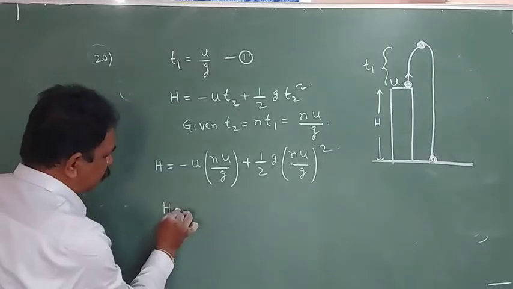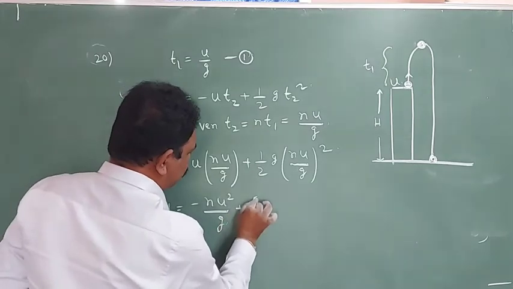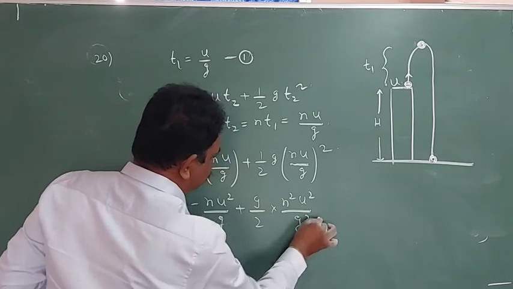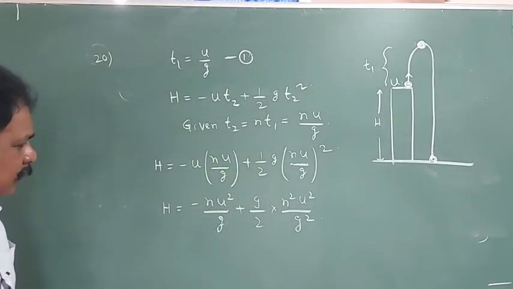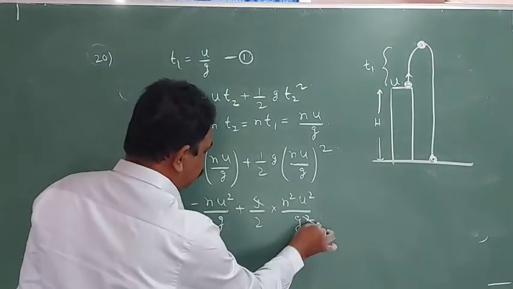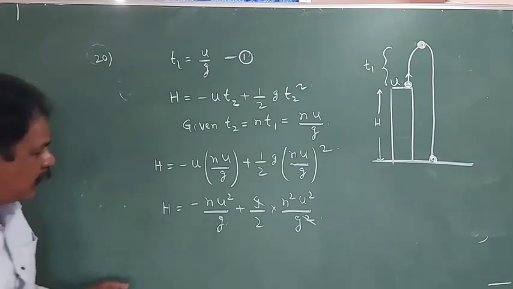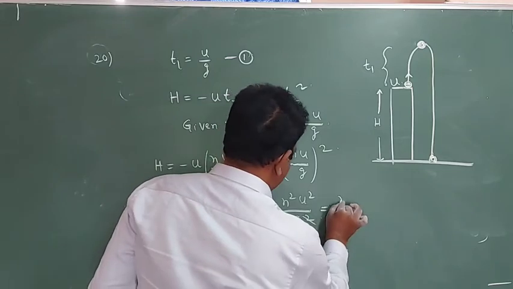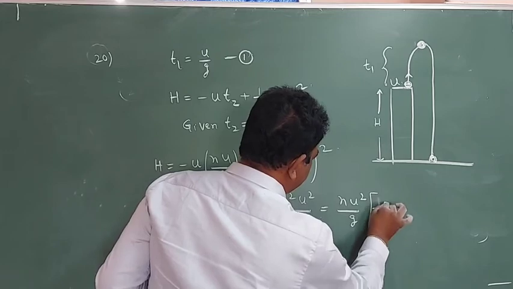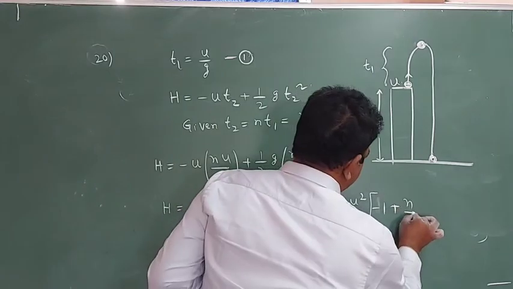So h is equal to minus nu square by g plus g by 2 into n square u square by g square. So one g will cancel. So if you take nu square by g as common, this will be minus 1, here this value n by 2.